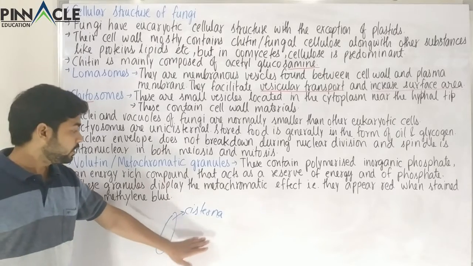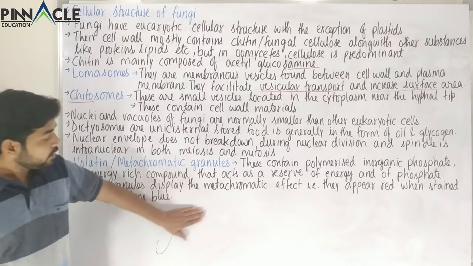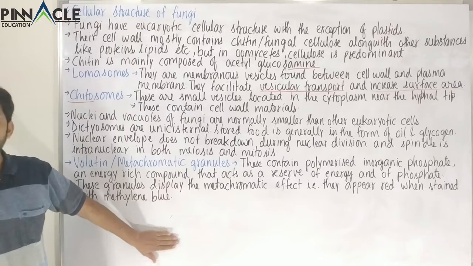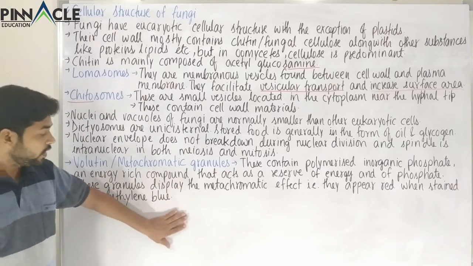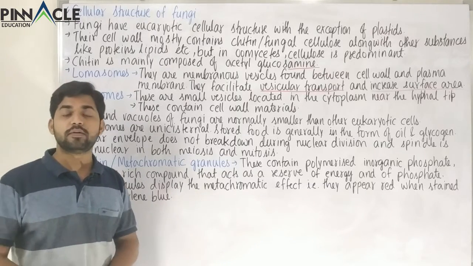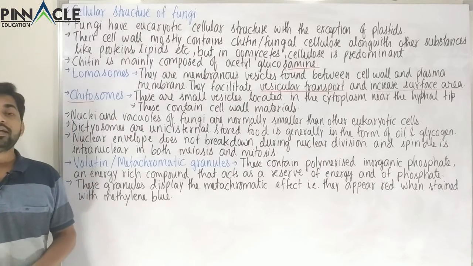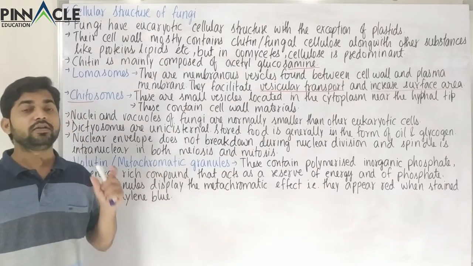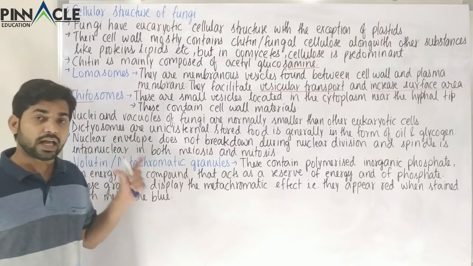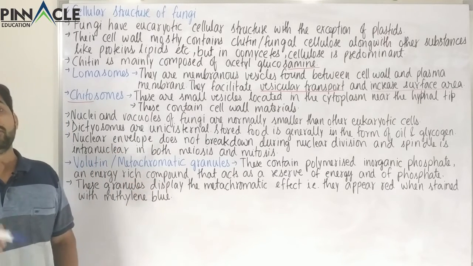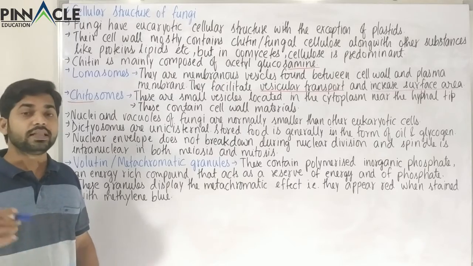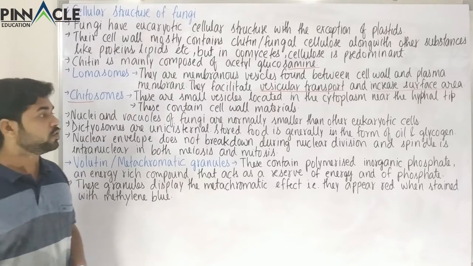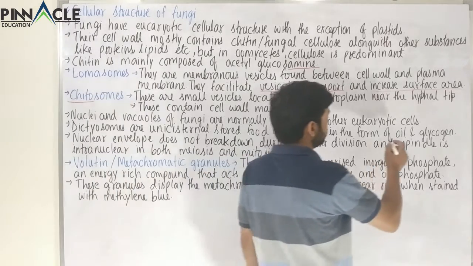Now every organism needs some form of stored food, and likewise fungi also need some stored food, and that is mainly in the form of glycogen and oil. And you must be remembering that glycogen is the major food storage form in the case of animals.